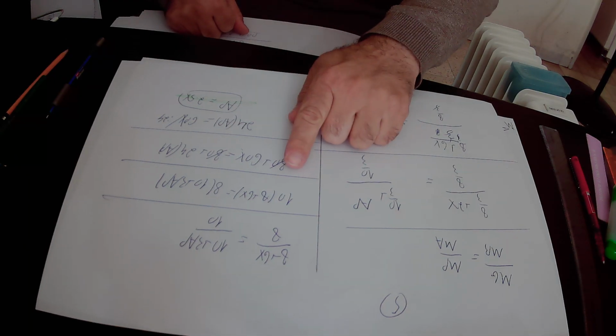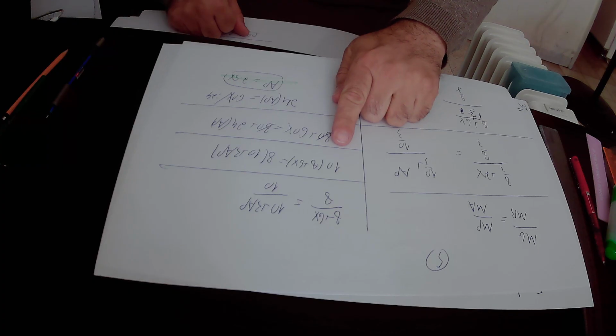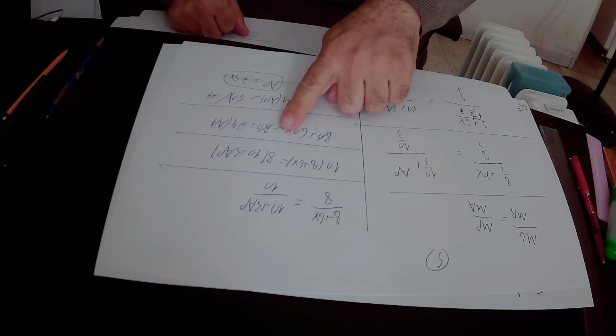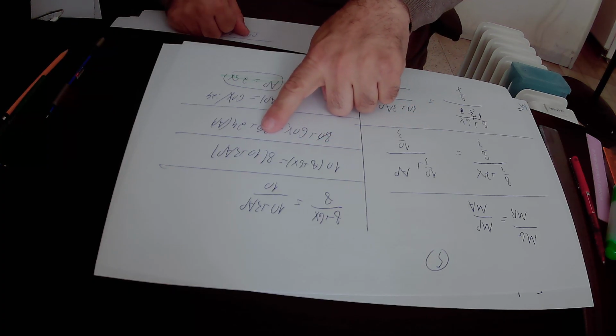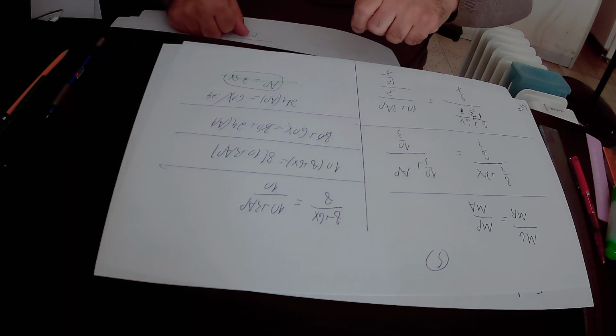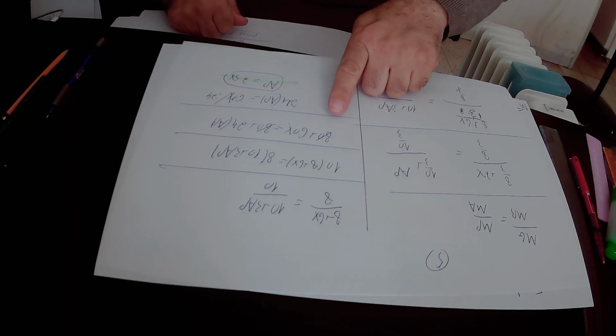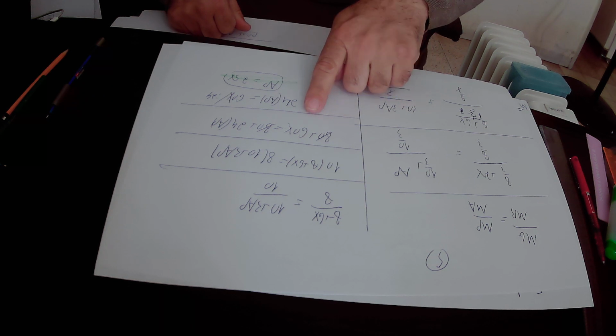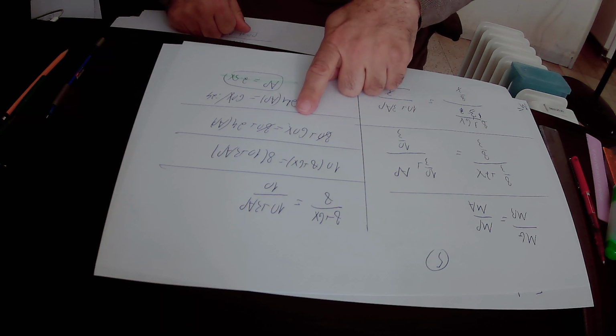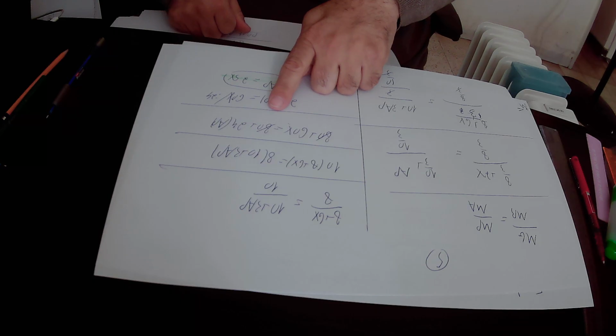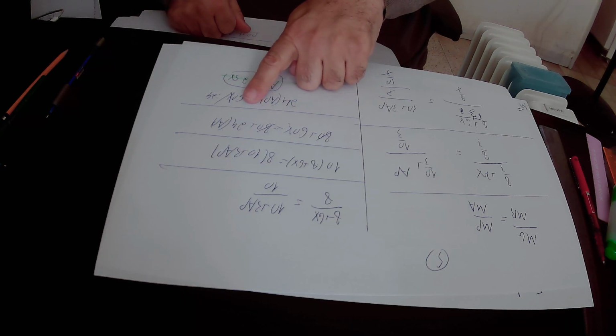Here we cross multiply this equation and find that 10 times 8 plus 6x equals 8 times 10 plus 3AP. Here we open the brackets on both sides and find that 10 times 8 is 80 plus 10 times 6x is 60x equals 8 times 10 is 80 plus 8 times 3AP is 24AP.